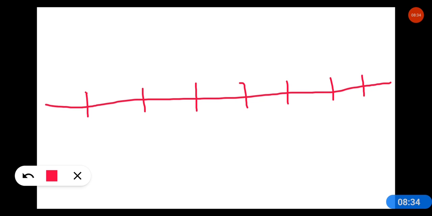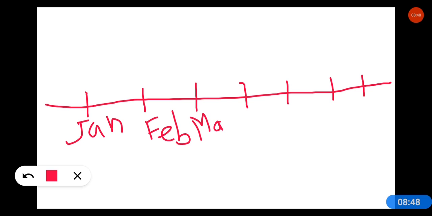Here write Jan, Feb, March, April, like that you have to draw.